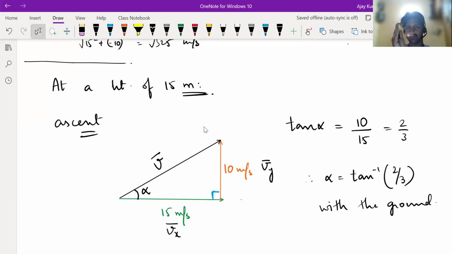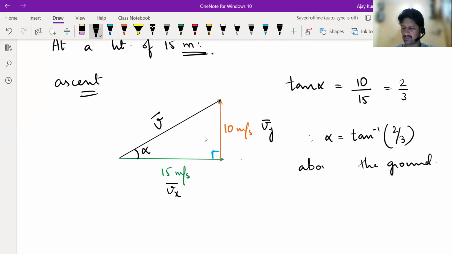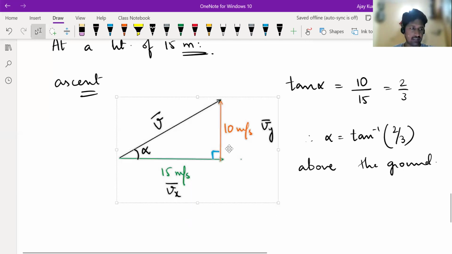During ascent, the vector will be pointed upwards. So you can say tan inverse 2 by 3 above the ground. Sometimes you'll find options like this also in the objective exams that you're going to take. Now we know at a height of 15 meters, it will have another possible velocity, that is during descent.